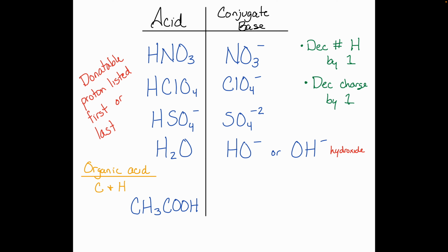So when I do my conjugate base here, I'm going to leave that CH3 alone, and I'm going to take away the one on the very end there. If we're predicting the product of what happens after an acid donates a proton, we take that acid formula, decrease the number of hydrogens by 1, and decrease the charge by 1.